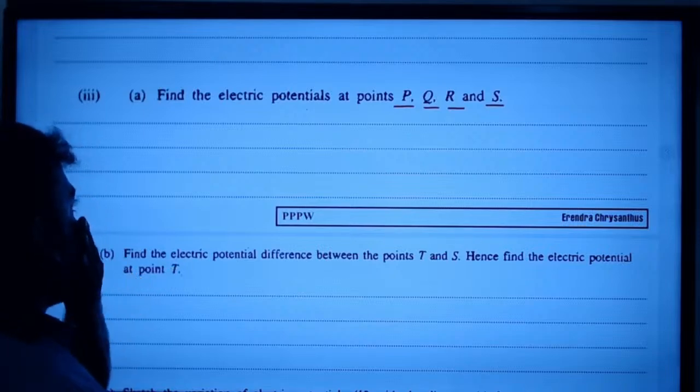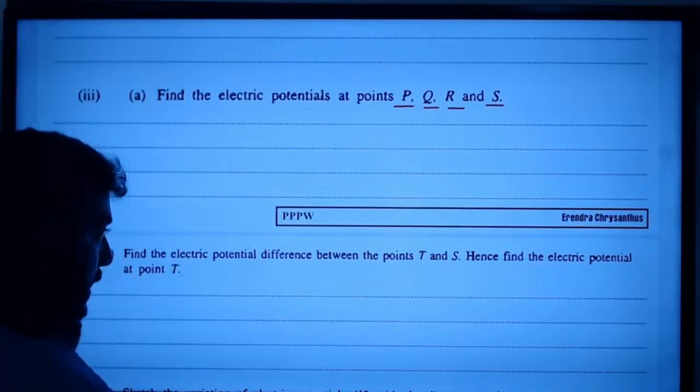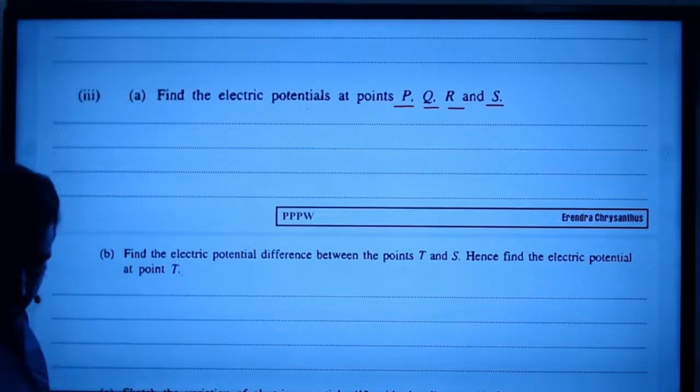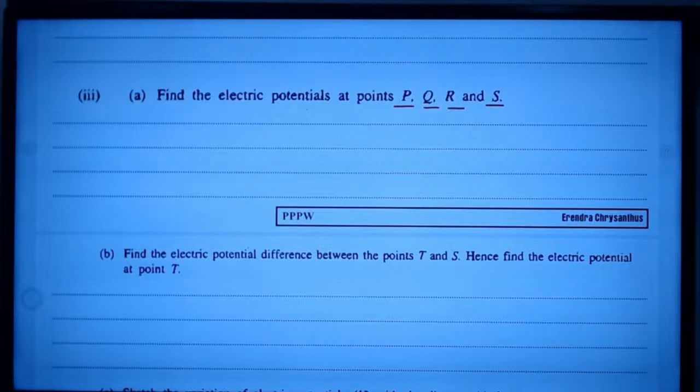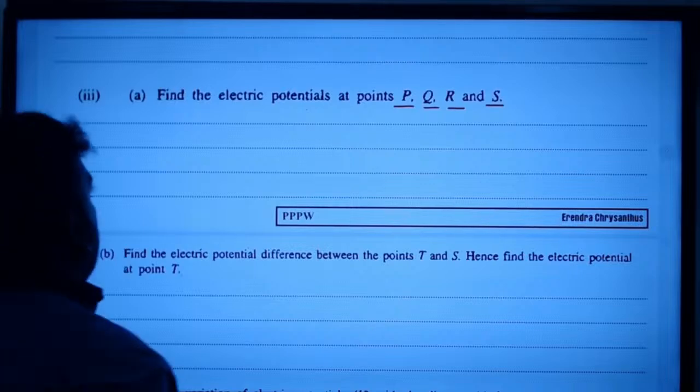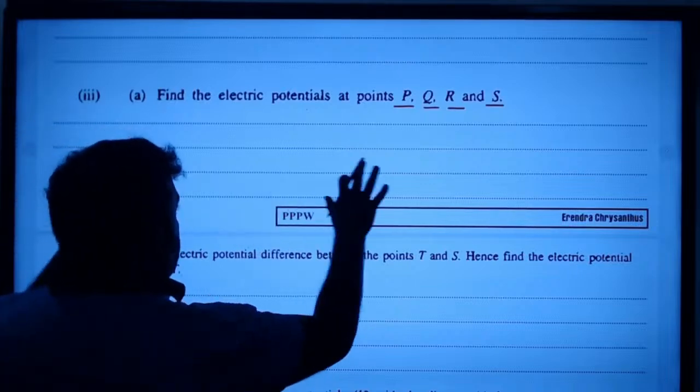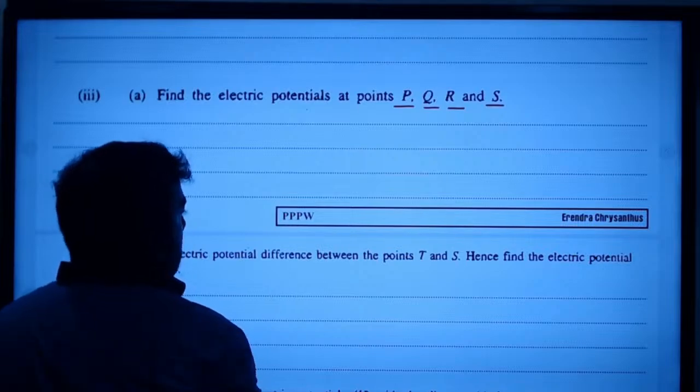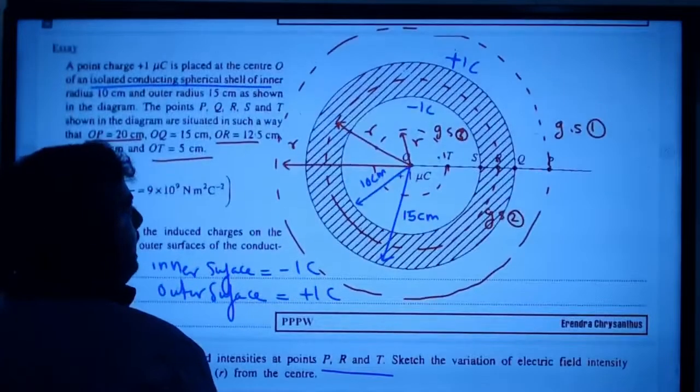So, for P, Q, R, S we have found the potential. Now the potential difference between T and S. Look at this clearly. Let me have a look at where T and S are.